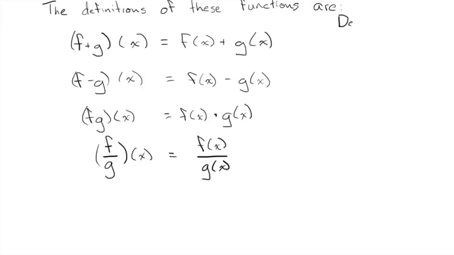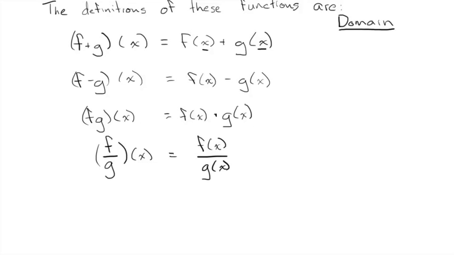So I'll just write the domain of each one over here. Look at this function, f plus g. What you're going to have to do is add f at x and g at x. So you're going to have to be able to perform f at x and g at x. So this value of x must be in the domain of f and g in order to do both these things.